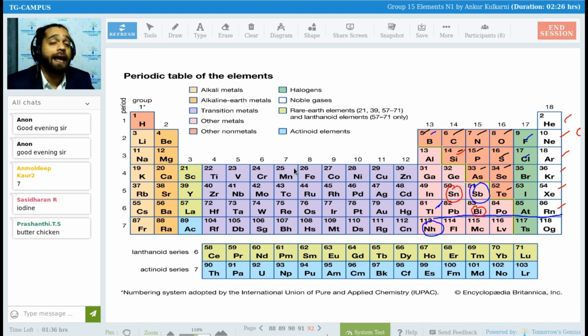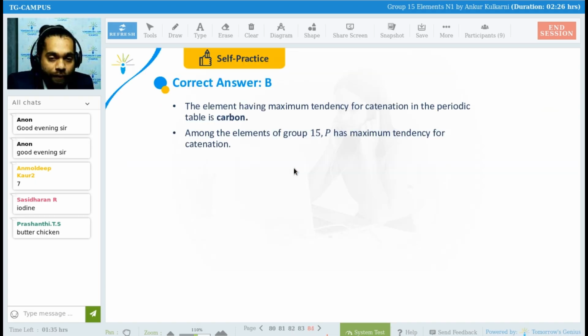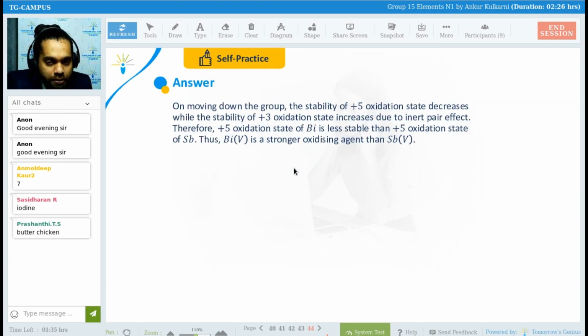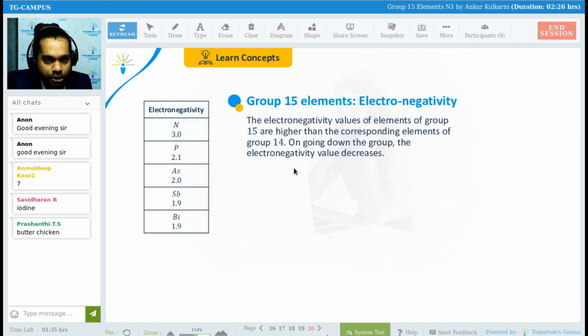The exception is hydrogen, the only non-metal you have apart from the P block. Over here, most of them are metals, the alkaline earth metals, D block metals, whatever. But only in the P block do we have the majority of non-metals. So group 15 starts with nitrogen.